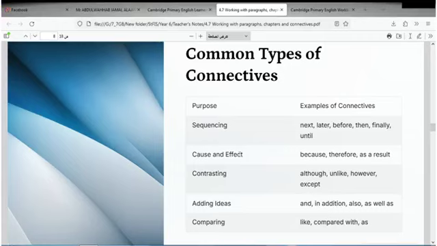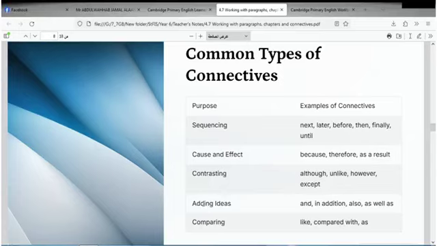I have cause and effect connectives, like because, therefore, as a result. They will show cause and effect, reason, due to. I have contrasting connectives, which show differences, like although, unlike, however, on the other hand, except for, though, even though.